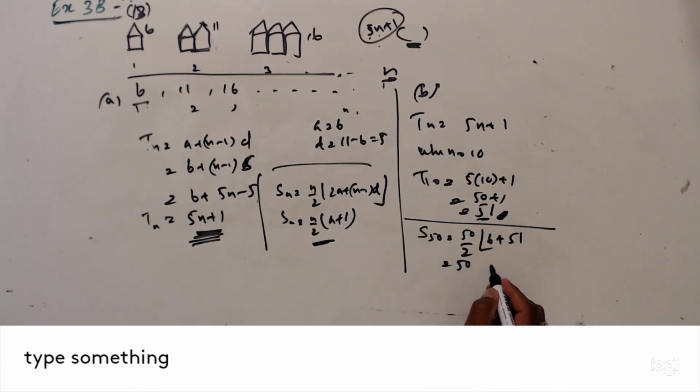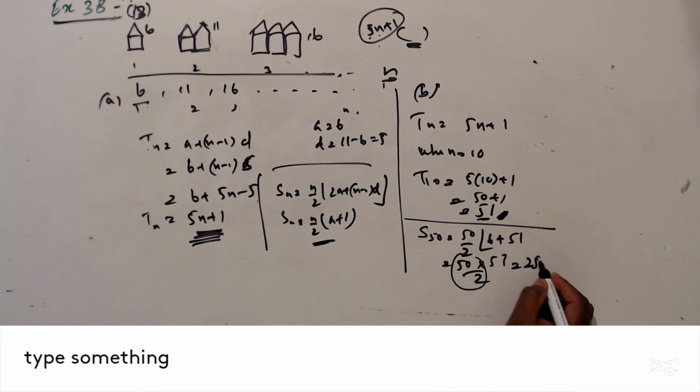So 50 times 57 over 2, that is 25 times 27.